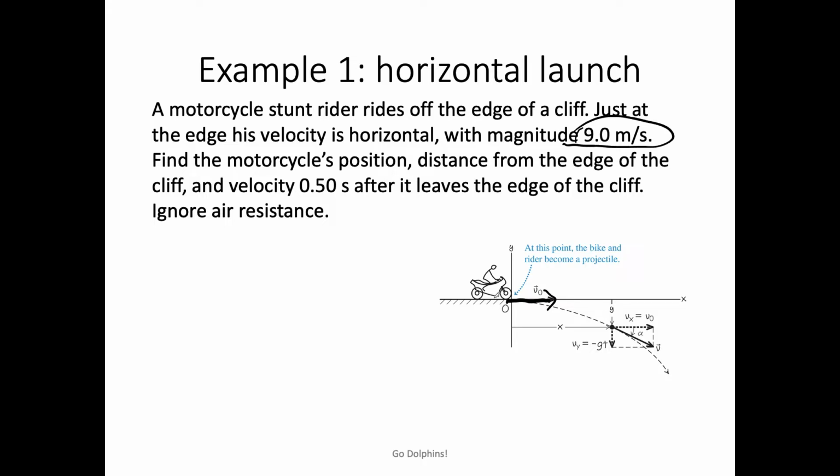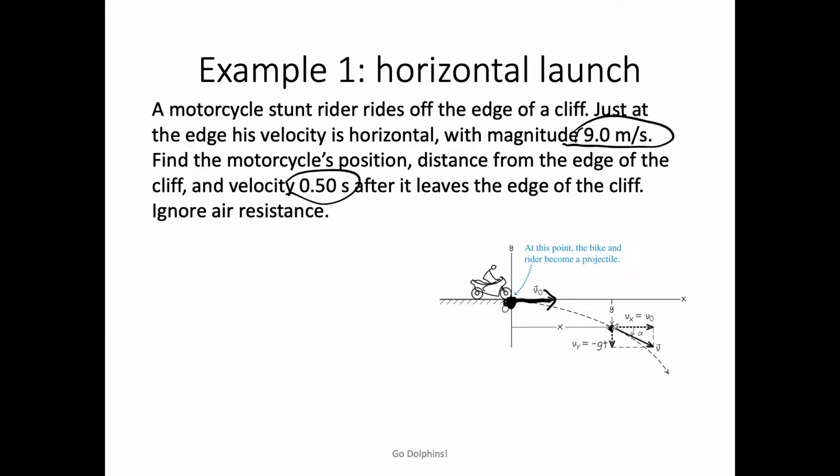So let's build our coordinate system. This is x0, y0. So we just want to find out what's the position and the velocity of this projectile after 0.5 seconds. So let's first solve for the position.